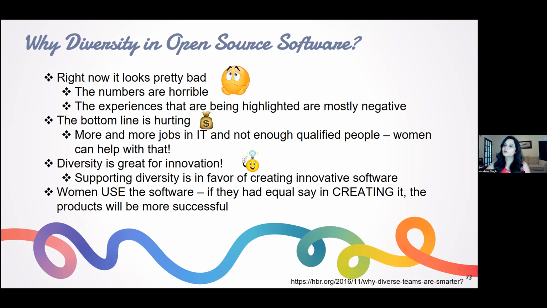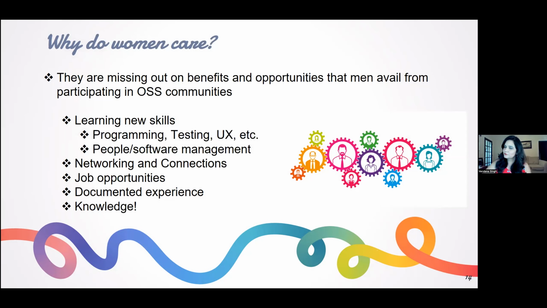If women had a part in it, we would make better systems that are better for us because we understand our situation better. Those are some of the reasons why it is important.